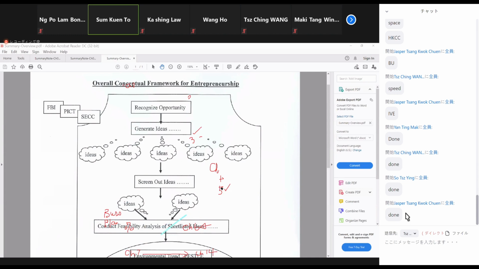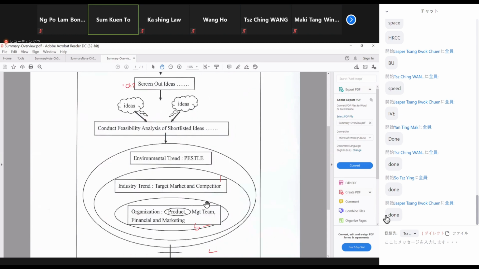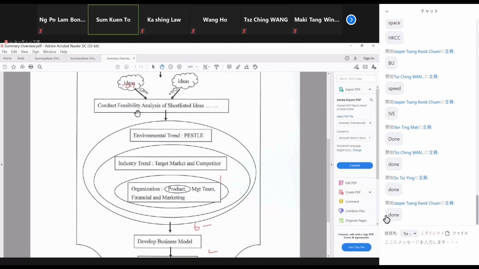Okay, just now you saw the overall picture, and then here I make it bigger so that you can see what is happening, talking about what we have learned so far. And as I said, the important part will be chapter 3, feasibility analysis. And we had a presentation just now talking about the PESTEL.